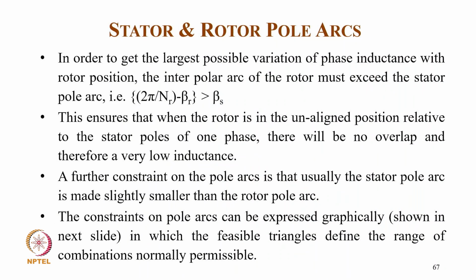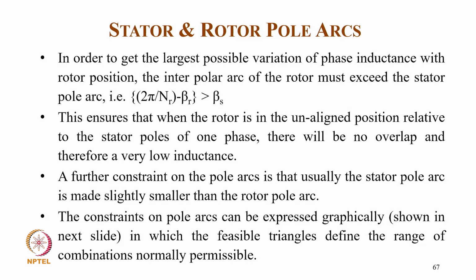In order to get the largest possible variation of inductance with rotor position, the inter-polar arc of the rotor must exceed the stator pole arc, that is 2 pi upon Nr minus beta r should be greater than beta s. This ensures that when the rotor is in the unaligned position relative to the stator poles of one phase, there will be no overlap and therefore a very low inductance.